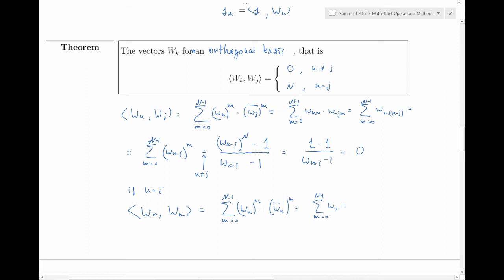So this is just going to be the sum as m goes from 0 to n minus 1 of 1, and the sum of exactly n 1s has to be n.